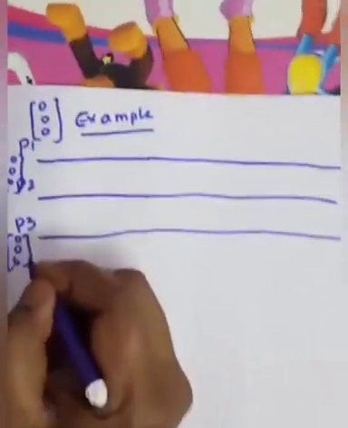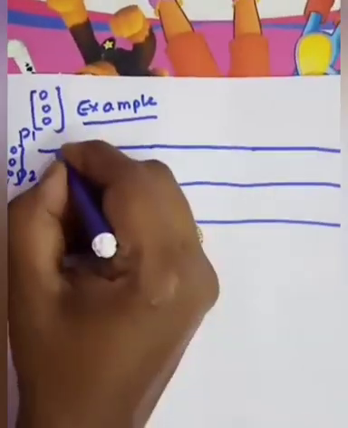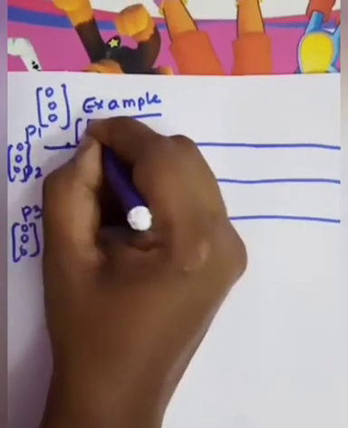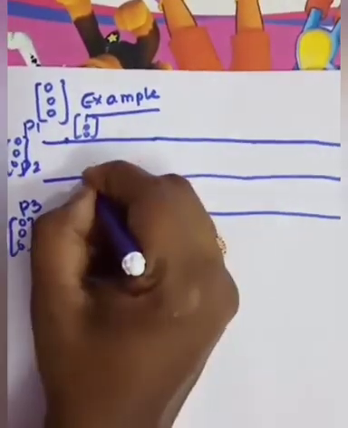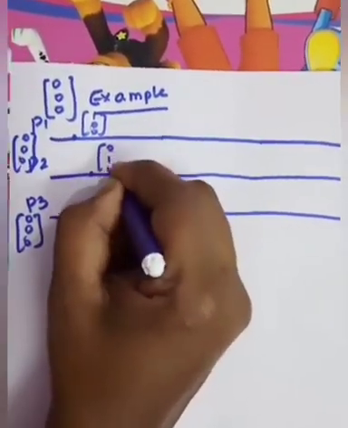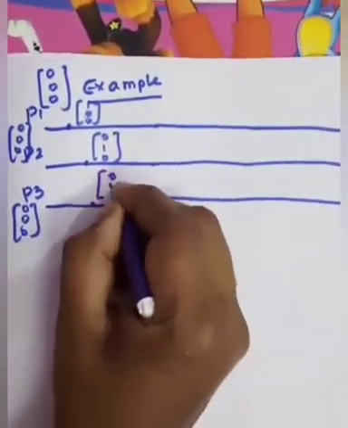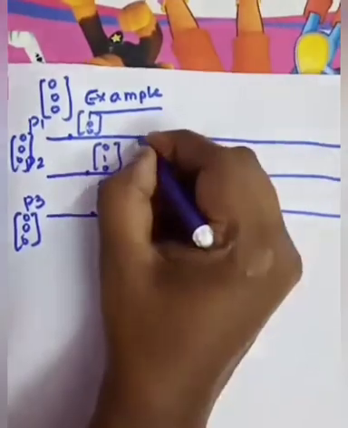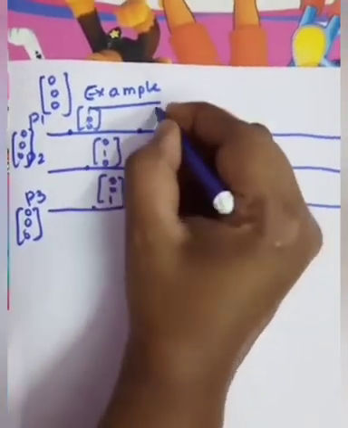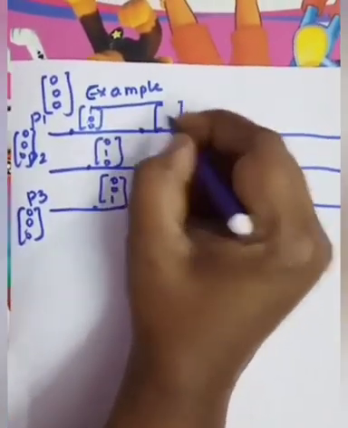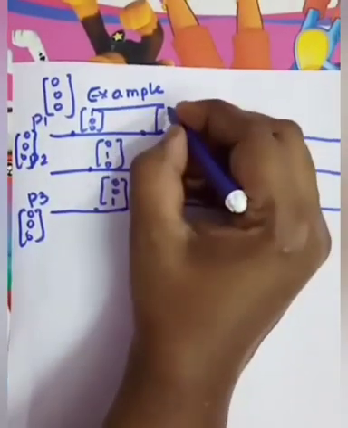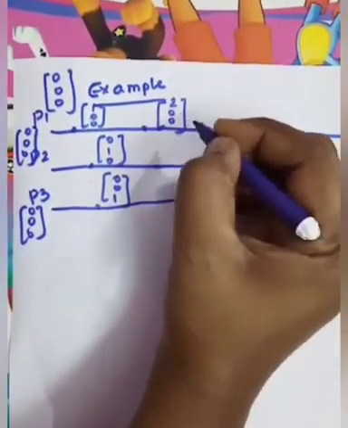Whenever an event execution takes place, for P1 it will be 1, 0, 0, for P2 it will be 0, 1, 0, and for P3 it will be 0, 0, 1. And whenever an internal event takes place, for P1 the value will be incremented. The first row indicates P1, so it will be 2, 0, 0.